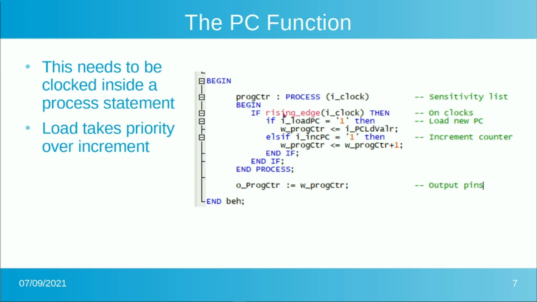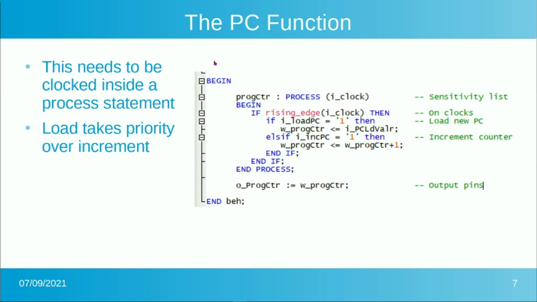So the if for the rising edge of the clock is matched with the end if here, and the if for this if, elsif, end if loop is here. Syntax, or typing, is very important here in the strict checking of the VHDL compiler, so it has to be ELSIF. It can't be ELSEIF or something like that. The compiler will throw up an error and you'll have to go correct it.